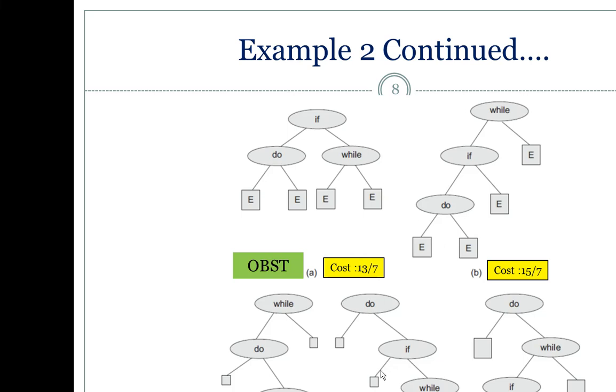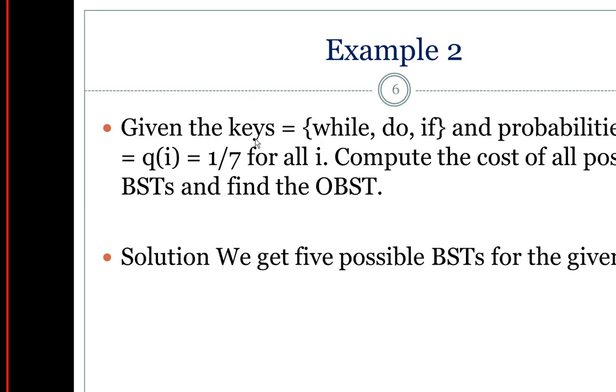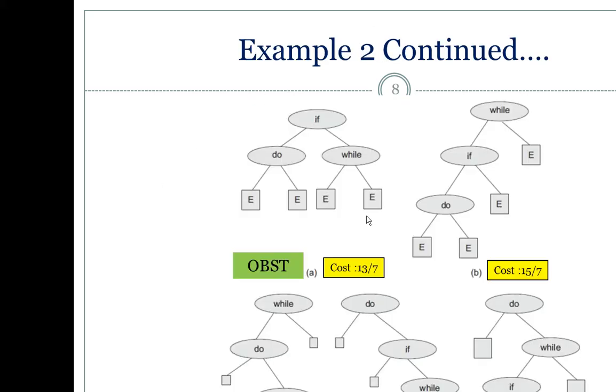After applying the formula, the cost of these four trees B, C, D, E is 15 by 7, but the cost of the first BST is 13 by 7. As tree A has the minimum cost, we can say that this tree is the OBST for the given problem. So among these possible BSTs, the first BST is the OBST.